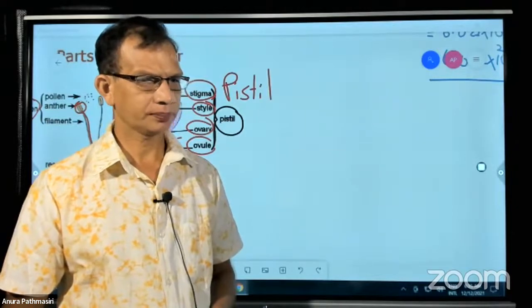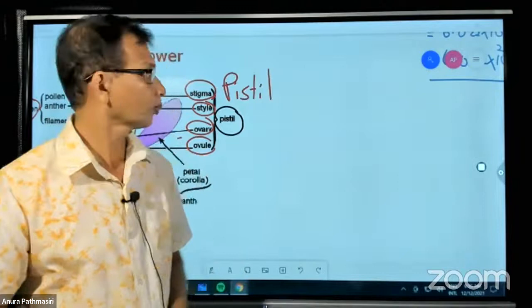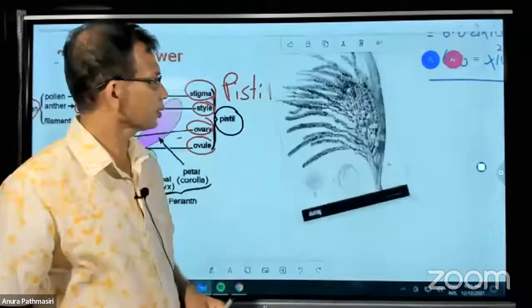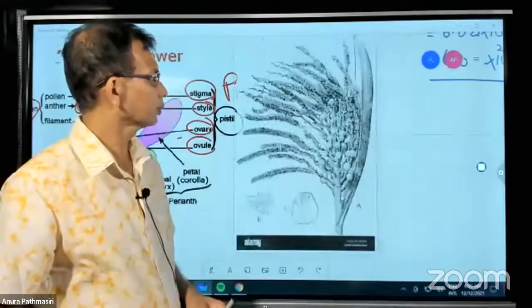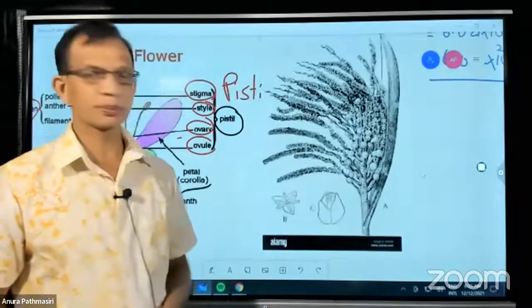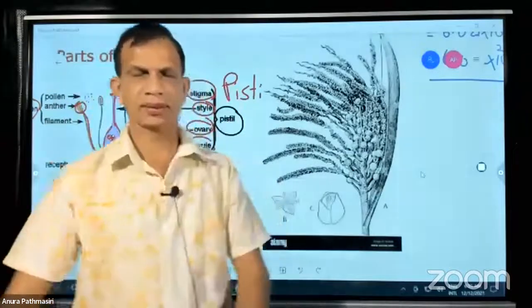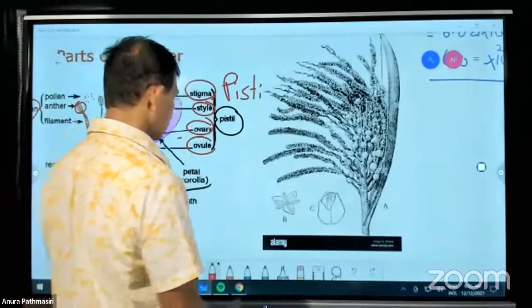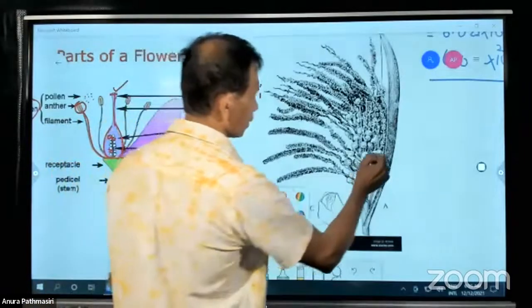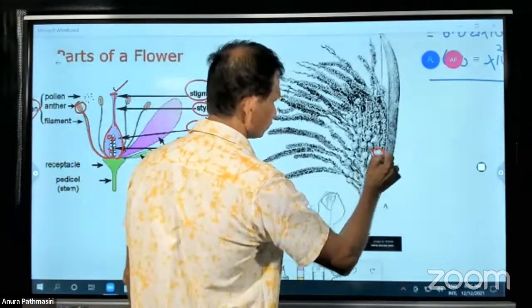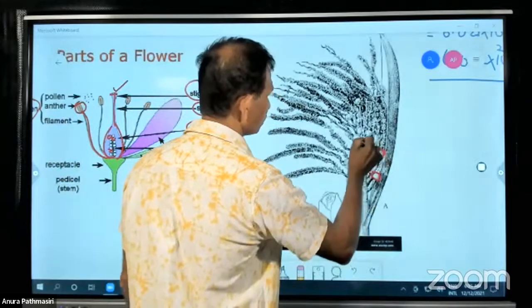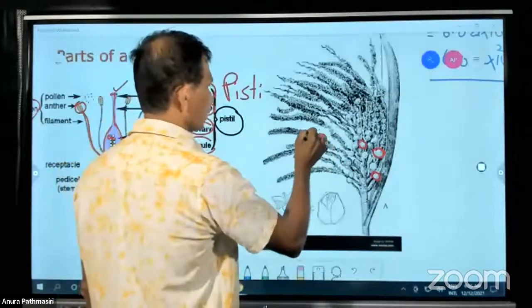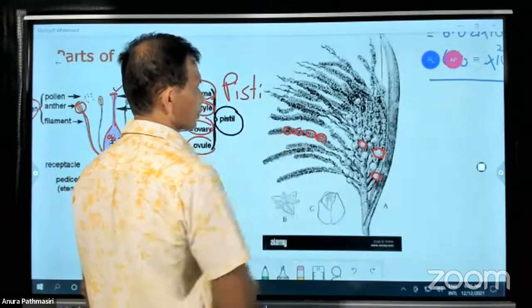This is an inflorescence of coconut. And you can see it has some flowers that are kind of different, and these are another type of flowers.